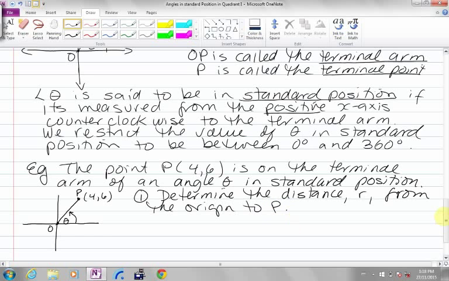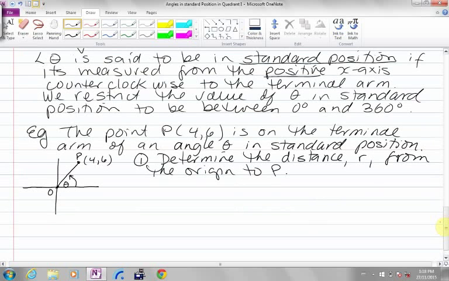We're going to find the distance from the origin out to that point. Justin? We defined previously that r equals the square root of x squared plus y squared. Good. So we can plug in x and y, which in this case is 4 and 6, for r. Beautiful.